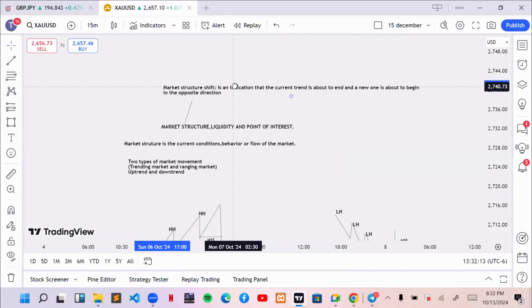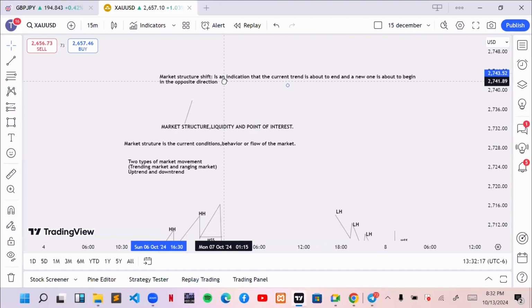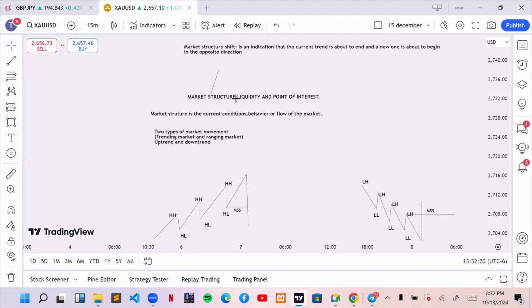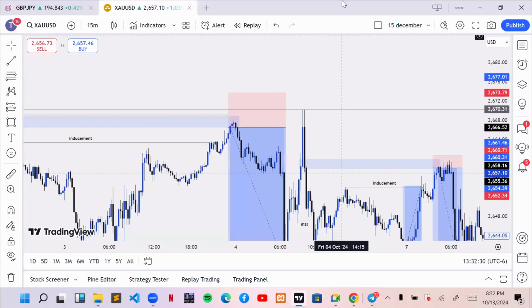So if the previous trend was an uptrend, once you notice a market structure shift occur, instead of taking buys, you're going to be taking sells. That is what it means by market structure shift.